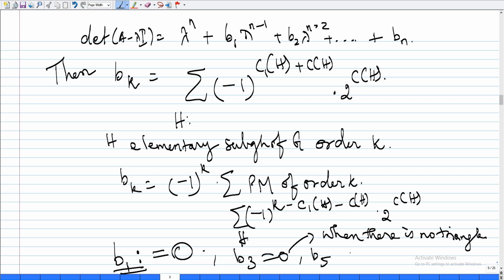So, the only contributors for these coefficients B3, B5, B7 are odd cycles present in the graph, right. So, B5 will be 0 when there is no C5, when there is no 5 cycle I could say, and so on. We can just extend this argument for any number k.